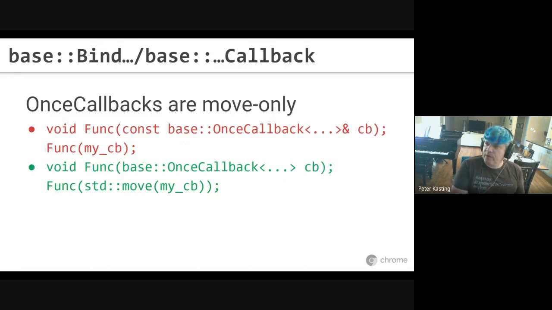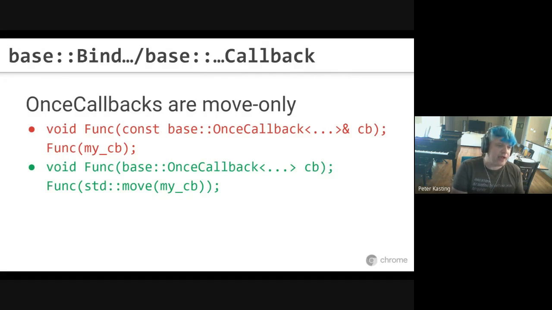Now, going along with that, once callbacks are move only. So it doesn't really make any sense to pass a once callback around by const reference, because since you have a const reference, you can't modify it, and that means you can't call run on it, and you can't convert it to a non-const like rValueRef. Effectively, you've neutered it, and you or anybody you call is never going to be able to do anything with it again.